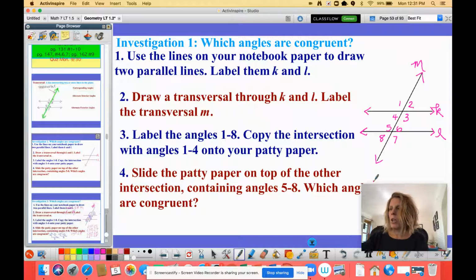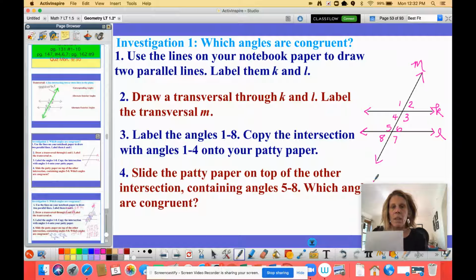Okay, now you're going to take your patty paper. Remember, I told you at the beginning that you would need some patty paper. So now you're going to take a piece of your patty paper. Remember, it looks like this. Take that patty paper, and you are going to copy this onto your patty paper. So you're going to take this and lay it on top of what you did in your notebook, okay?